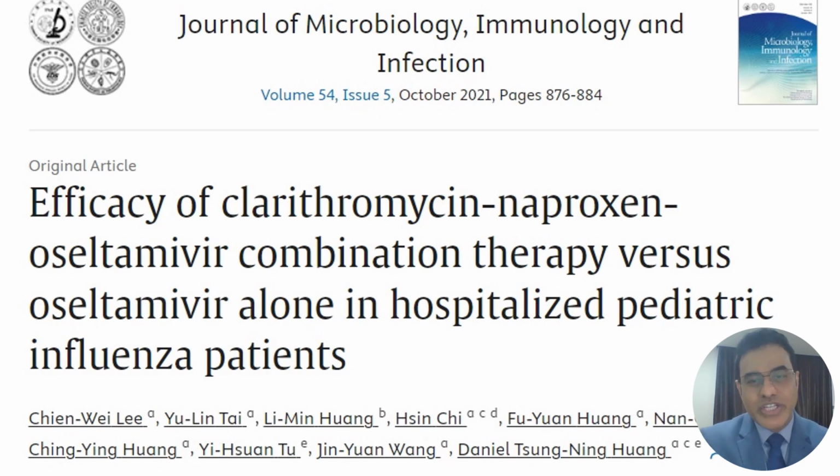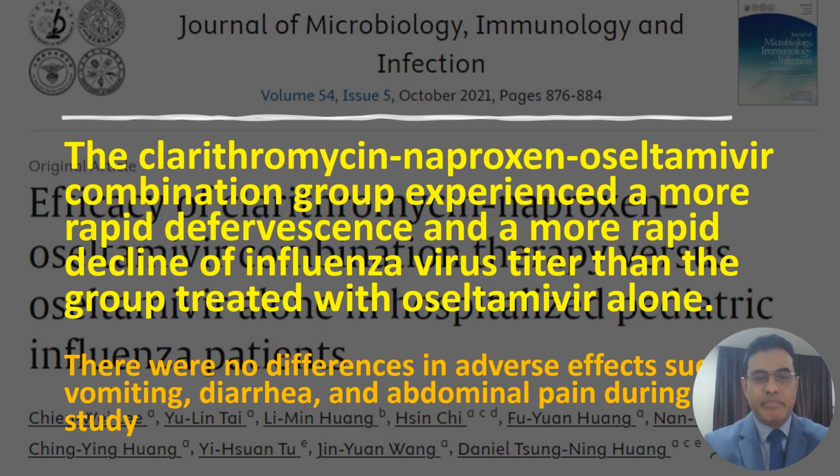Another good study I found is on cocktail therapy of clarithromycin, naproxen (an NSAID), and oseltamivir versus oseltamivir monotherapy in hospitalized pediatric influenza patients. This study, published in 2021, showed good improvement. The cocktail group experienced a more rapid improvement, within 14 hours compared to 36 hours with oseltamivir monotherapy, and a more rapid decline in influenza virus titers.